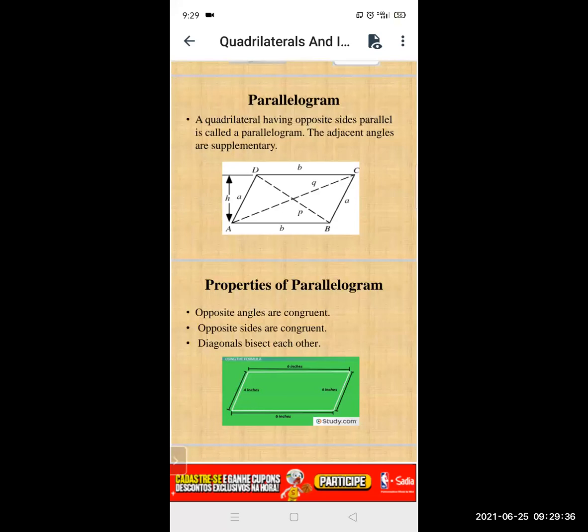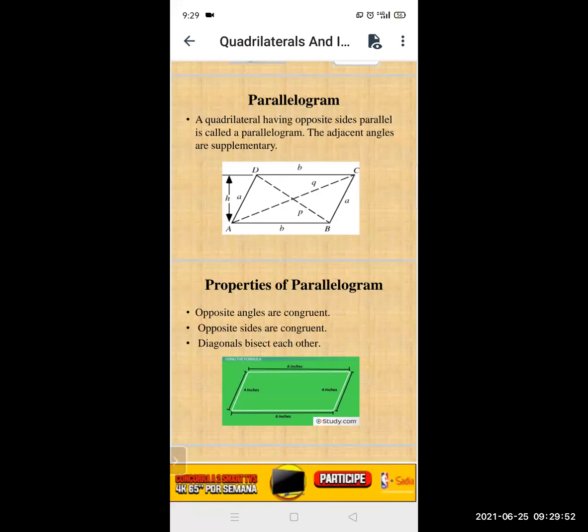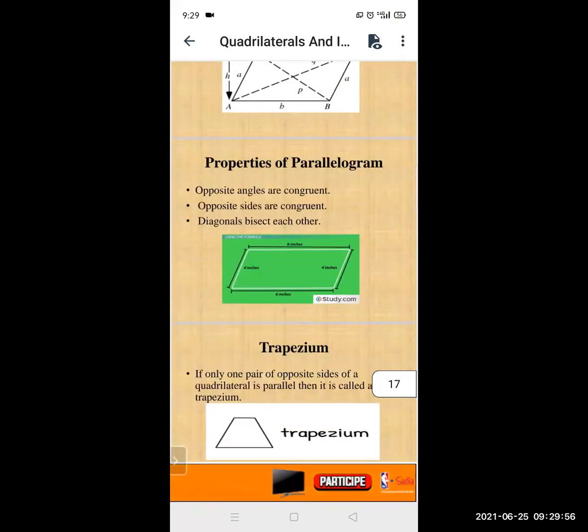You can see the below diagram also: the opposite sides are parallel, the distance between them is given as 6 inches, 6 inches, and the breadth is 4 inches and 4 inches. So this is your parallelogram.